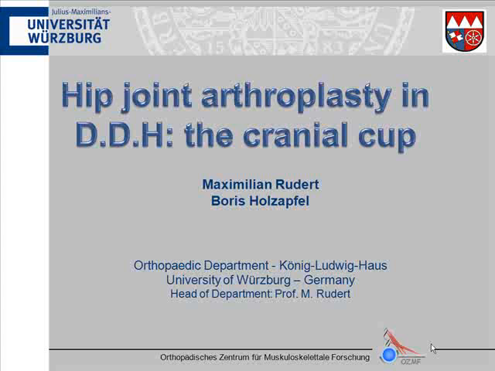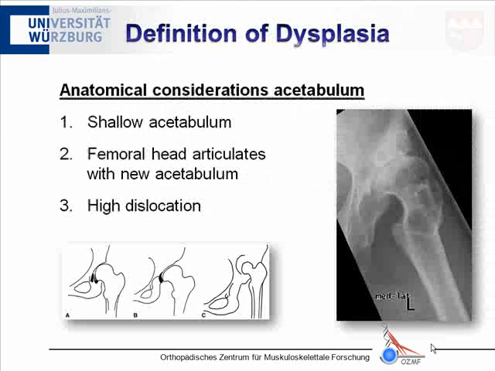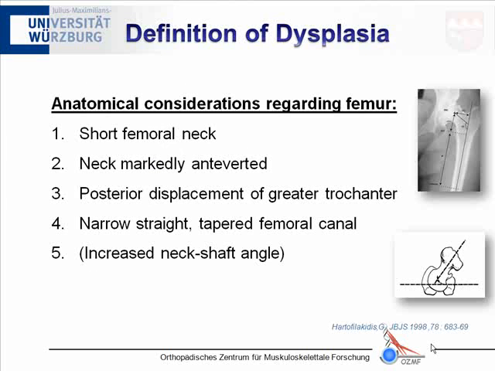And never forget that you have a short femoral neck, which you have to deal with, so you have a different offset than you had before. You have a markedly anteverted femoral neck, and not only this, but you also have a posterior displacement of the greater trochanter, and that goes with some significant changes in soft tissue alignment there. And you have a narrow and straight tapered femoral canal, which also gives us some trouble.